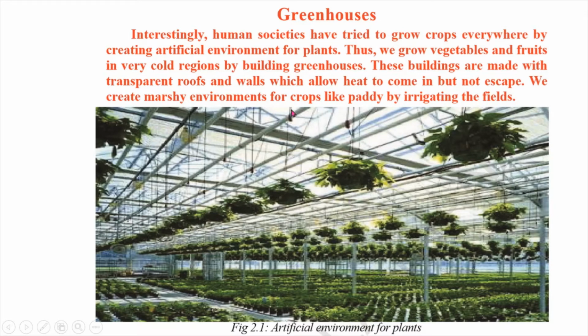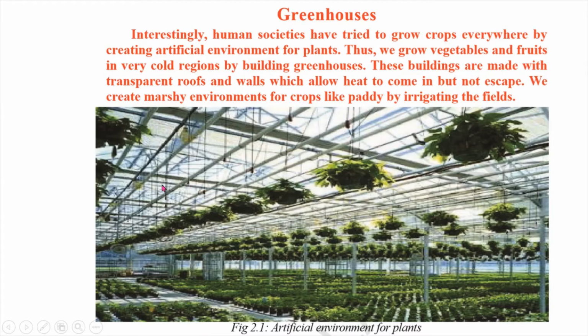And this is the greenhouse effect, where the temperature is too harsh, too cold, and vegetation is impossible. So we build transparent glass structures which allow sun rays to pass in, but do not allow that energy to reflect back into the atmosphere.